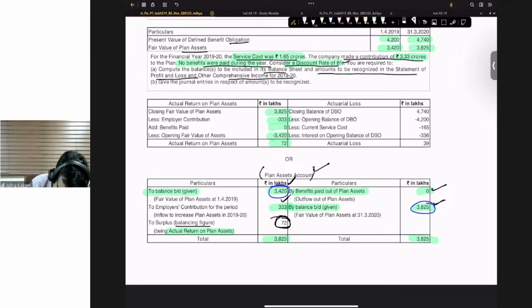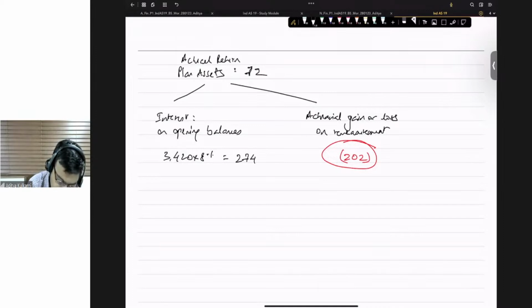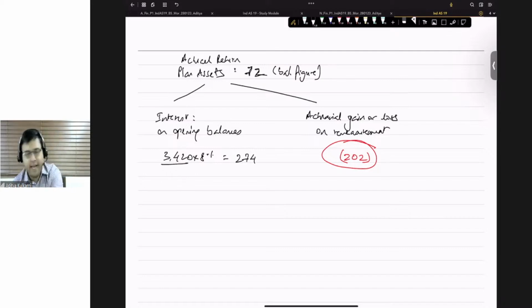Because on the opening asset there will be some interest which you are going to earn. Yes or no? You just cannot say 72 is my net income. That does not work, because your plan assets income is coming from two sources. One is interest, the other is actuarial gain or loss. So coming to my actual return, this is the 72 which was a balancing figure. The opening balance is 3,420. I have not paid anything.